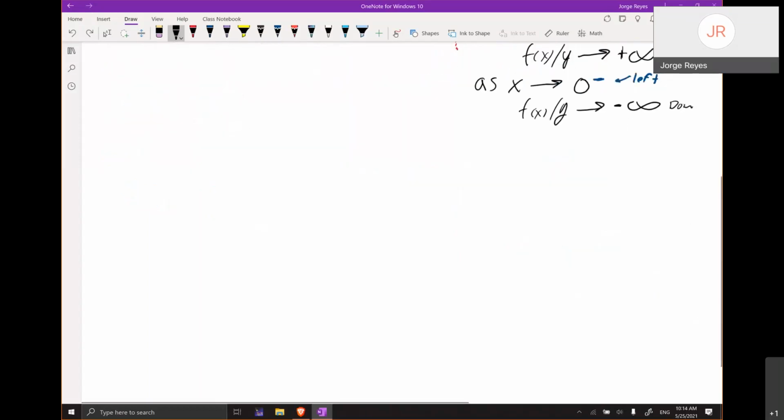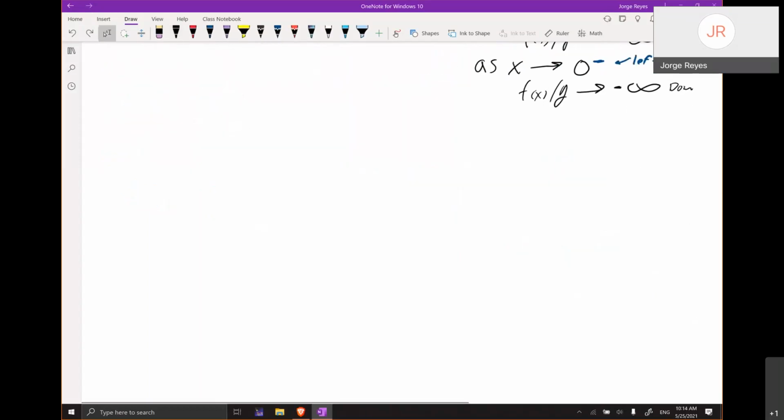Let's do an example of a function that we should be able to graph. Here's one example: 1 over (x minus 3)(x plus 2).